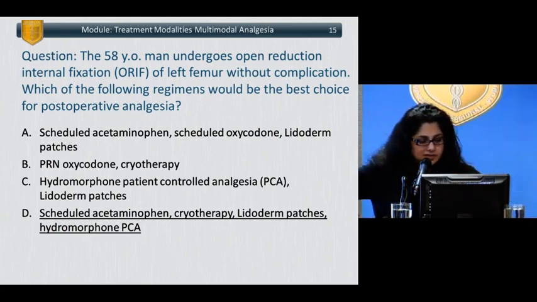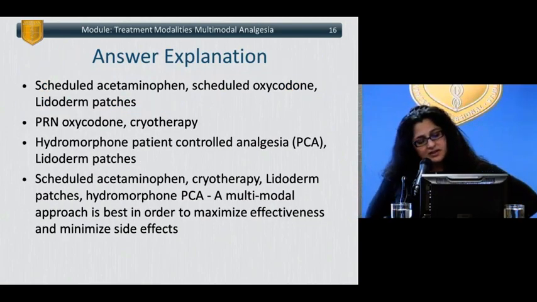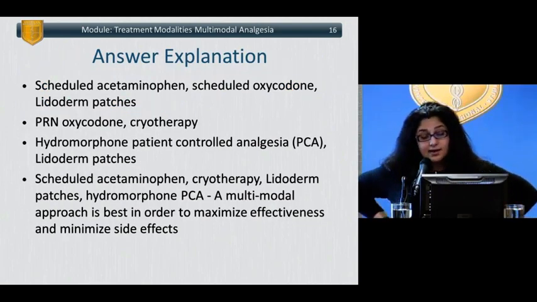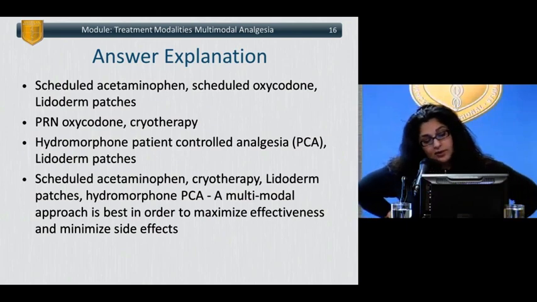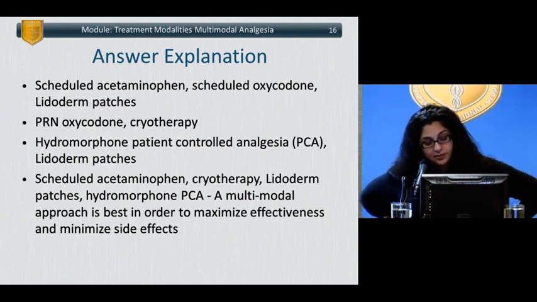The correct answer is D. Well, why is the correct answer D? Because really what they're trying to get at is a multimodal approach. In general, when we're managing pain, using multiple agents to control pain is usually recommended.